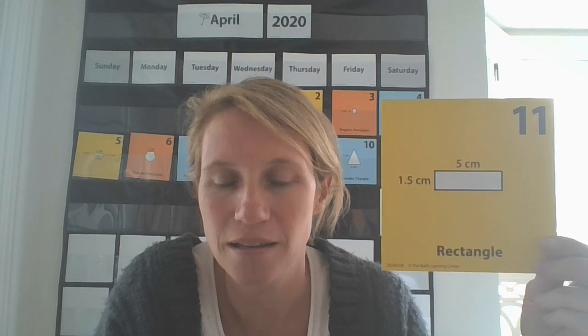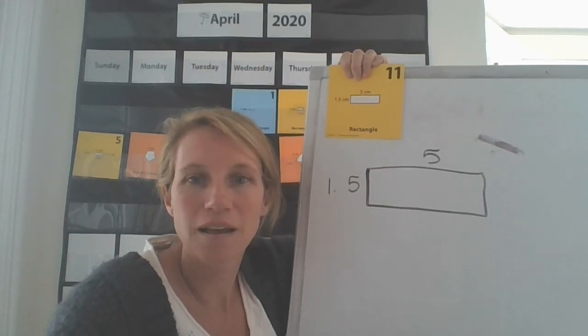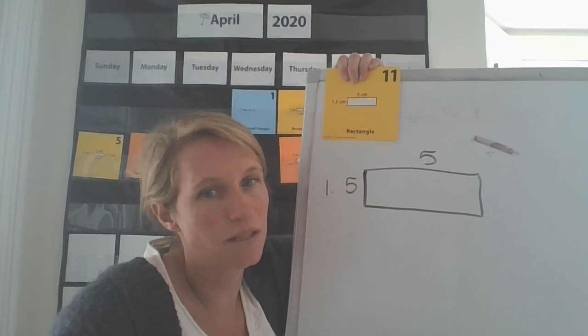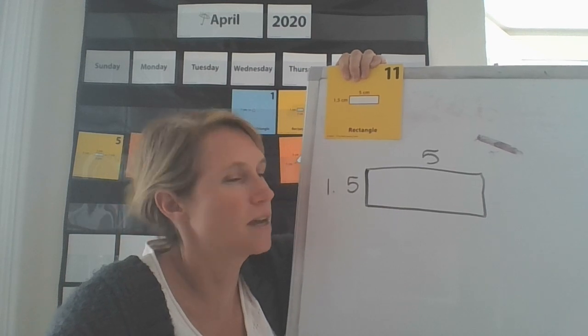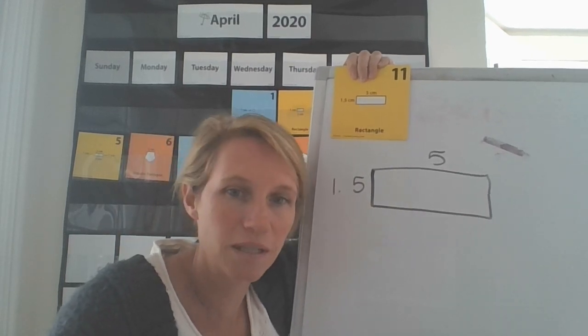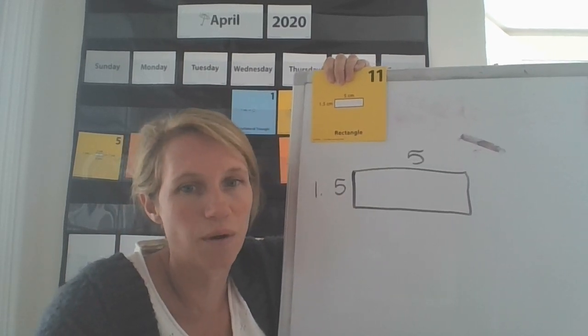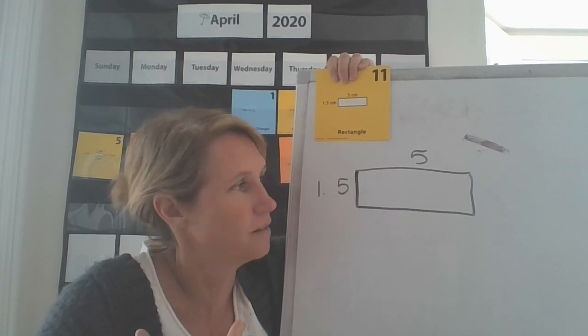The next calendar marker we're going to take a closer look at is marker number 11. You might have noticed that both sides are labeled on the rectangle and we need to solve for the perimeter. Well, there's a bunch of ways that we can solve for the perimeter. There's a few different ways we can solve for a perimeter with this rectangle, but if you're a visual person like me, sometimes it's helpful to draw a model of it.